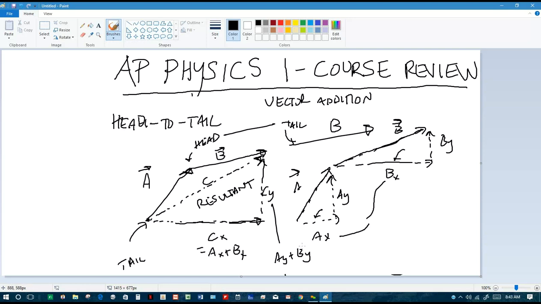Okay, that's the general idea. The ultimate goal generally is to figure out the physical length of the resultant vector. That's normally the answer.